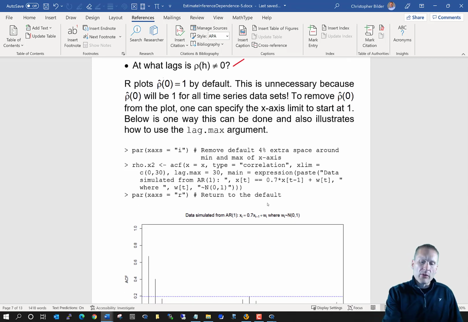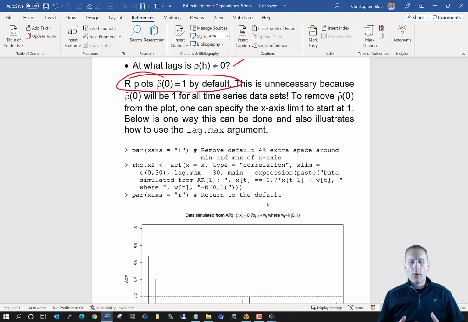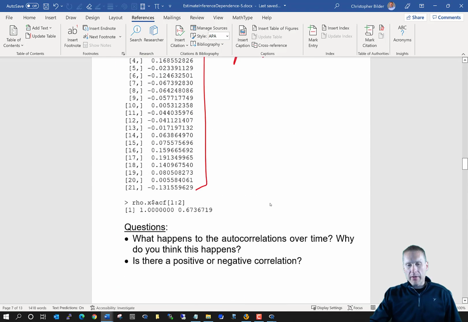Okay, so similar to what I mentioned before, R plots rho hat of 0 equal to 1 by default. It would be nice if R did not do that, but unfortunately it does. If one wanted to remove that from the plot, here's one way to do this. Okay, let me come back up here.